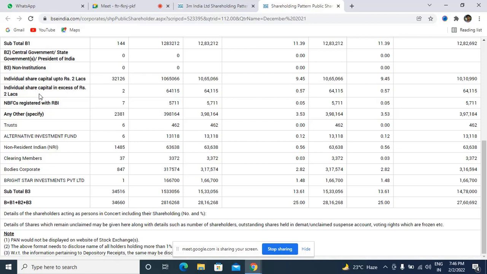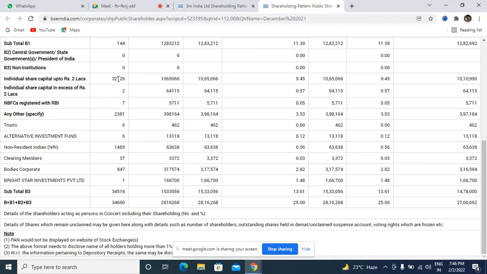Suppose you are holding shares of 3M India worth more than 2 lakh rupees, then you are one of these people. If the value of the shares you hold in your demat account is more than 2 lakh, you are in this category.